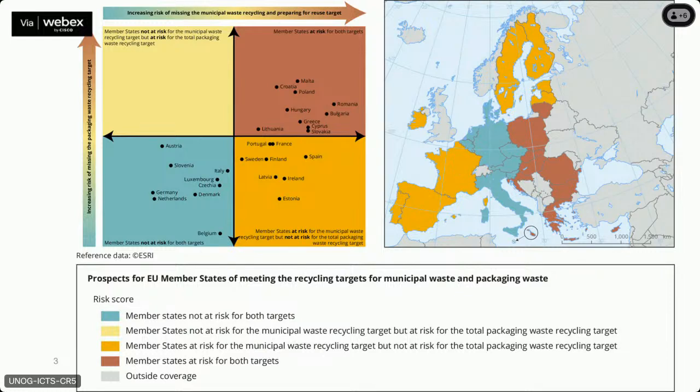I don't want to go into the details, but we are far away in many member states, 18 out of 27, that have a high risk of not achieving those targets. So we also see that what we have in legislation and what we have on the ground are sometimes two very different things.